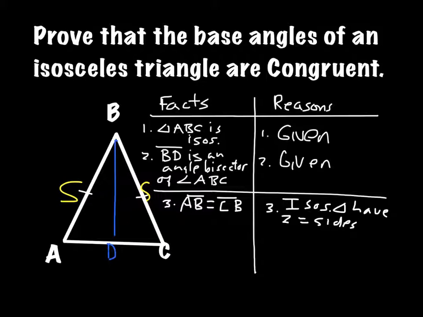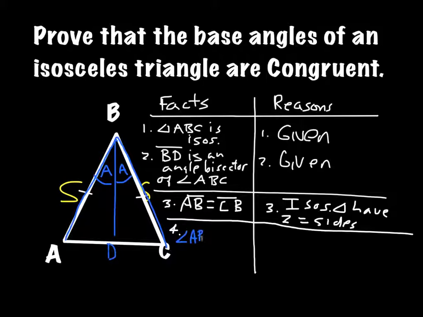The next move I'm going to use is based on that angle bisector. BD bisects angle ABC. So this large angle ABC gets split into two equal angles, these two angles there and there. So I would write down that angle ABD must be the same size as angle CBD.